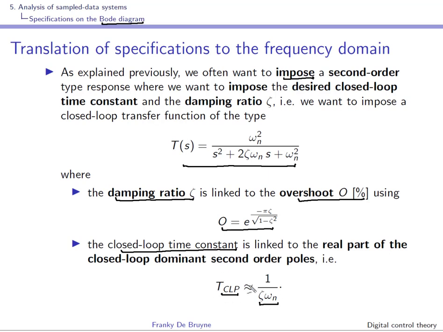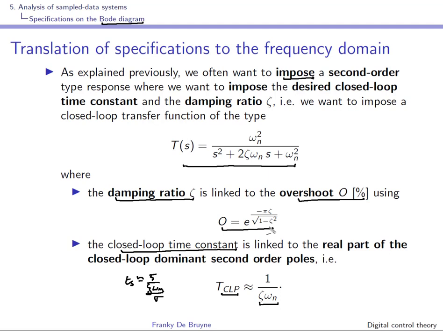So instead of having the specification in terms of the closed loop time constant, you might have the specification in terms of the closed loop settling time, but then of course the relation becomes like this. It's 5 divided by zeta omega n. This is this sigma that we had defined previously.